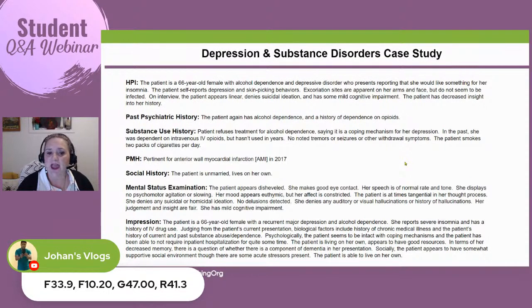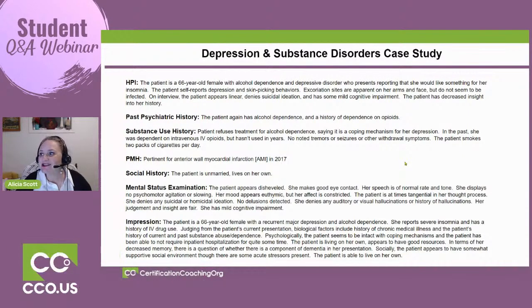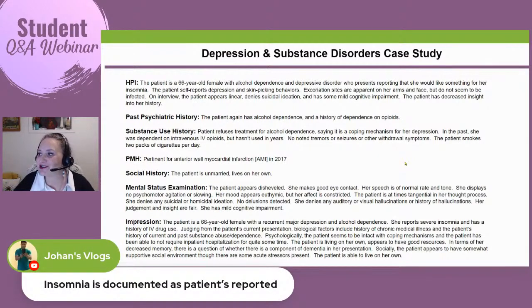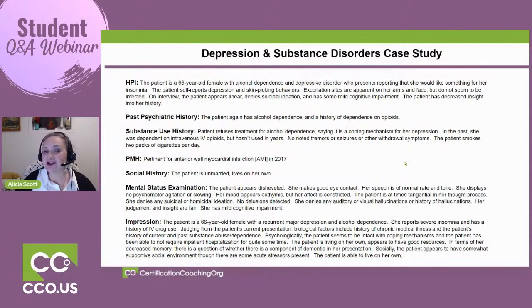So that would be your depression and substance abuse, a lot of F codes. Then we have F10.20, G47.00, R41.3. Good job. And insomnia is documented as patient reported. Very good. These are all points that I was going to go over. So kudos, Johan is going to get the gold star tonight. Thank you for looking at those.